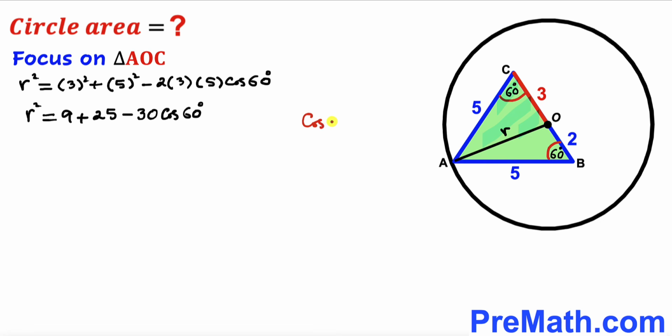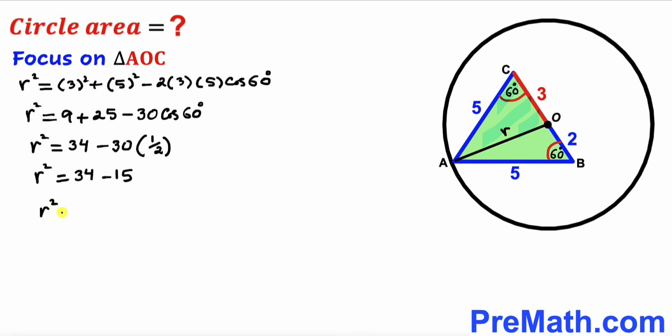We know that cosine of 60 degrees is simply 1 divided by 2, and 9 plus 25 gives us 34. So r squared equals 34 minus 30 times 1 divided by 2, which is 34 minus 15, so r squared is equal to 19.